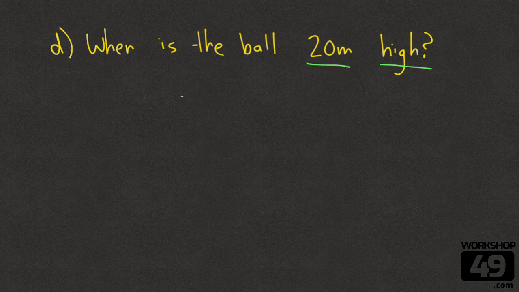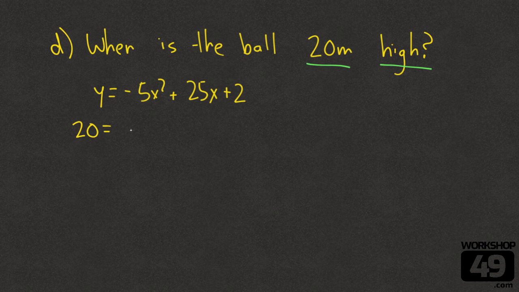So if I write out that original equation again, y equals negative 5x squared plus 25x plus 2, because we've been asked when it's 20 meters high, that means y equals 20. This becomes 20 equals negative 5x squared plus 25x plus 2. Oh, well, we have that set up, but is that really helpful? It is.